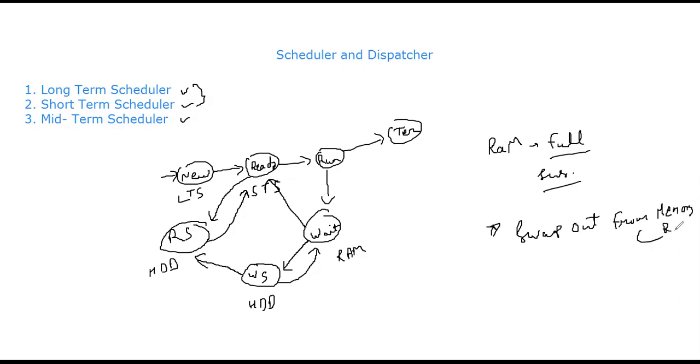Here memory means RAM, and swap in to the memory, meaning RAM to hard disk, and hard disk to RAM.